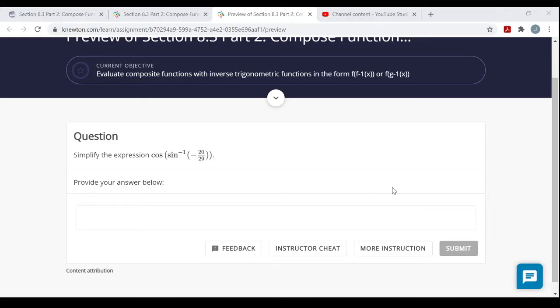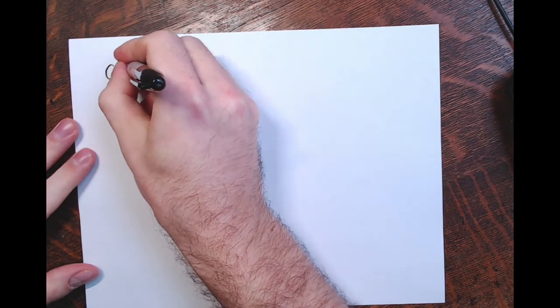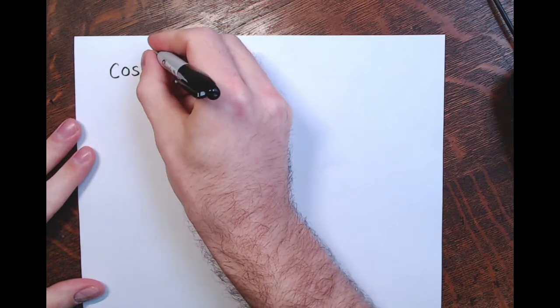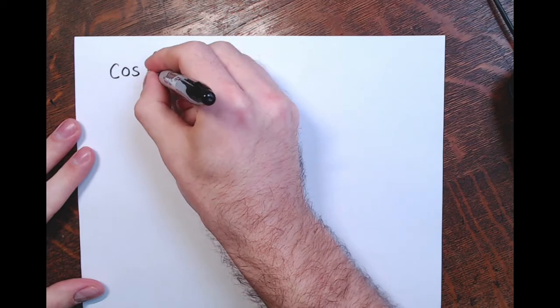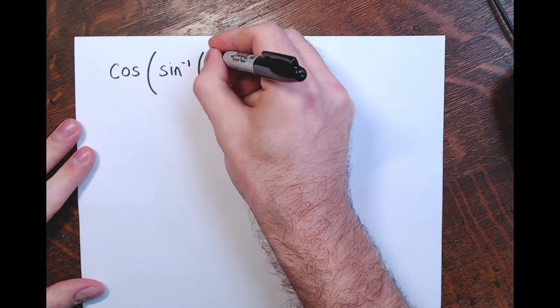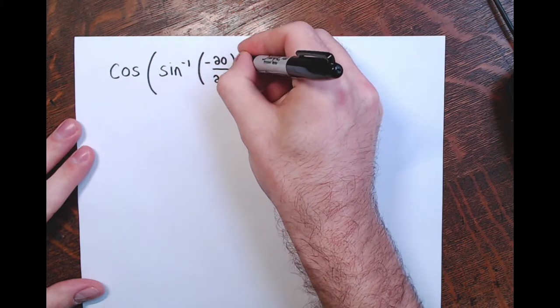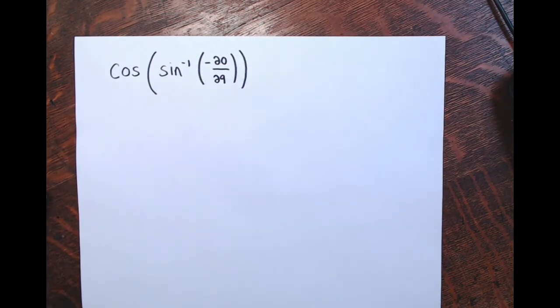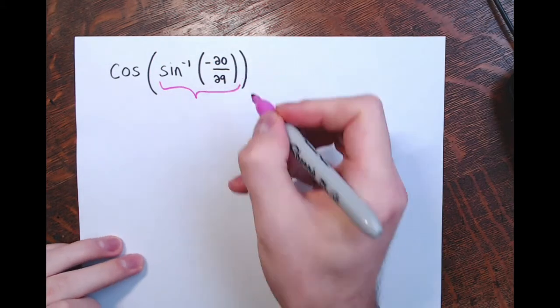Alright, so I'll pull this up on a piece of paper. So we have here, we're asked in this first question to evaluate the cosine, right, this is regular cosine, of an angle. Now the angle is written this way, it's the inverse sine of negative 20/29ths.